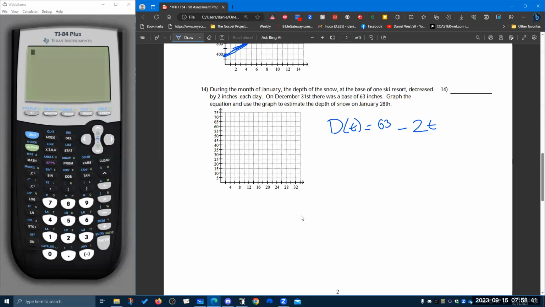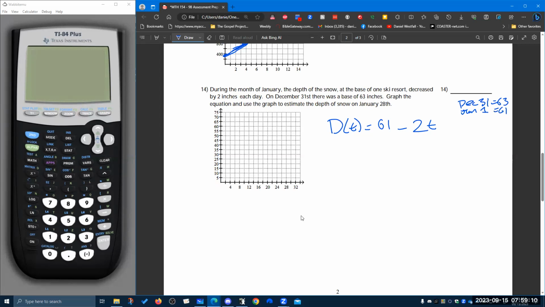That really means that here we should be at 61, because December 31st, we were at 63. We're on January 1st, which, this is a model for the month of January here, we're going to be losing 2.